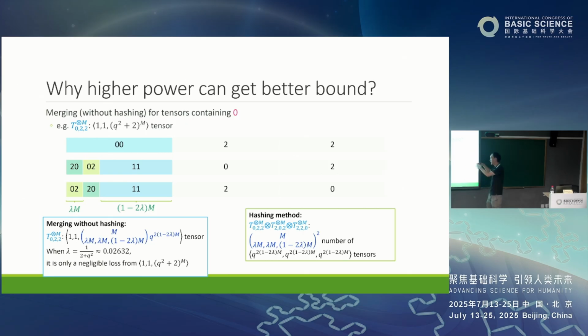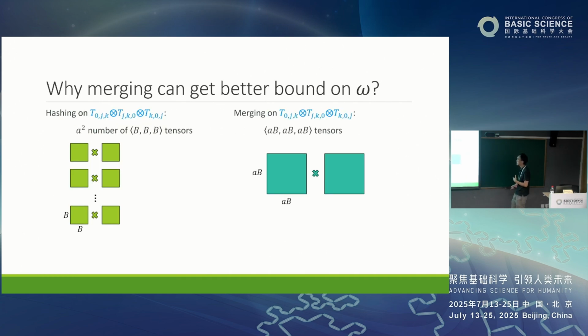Originally we use a whole hashing, but here, for some part, we directly use it without hashing, meaning that it's merging. It's like merging. It's like originally it's hashing.